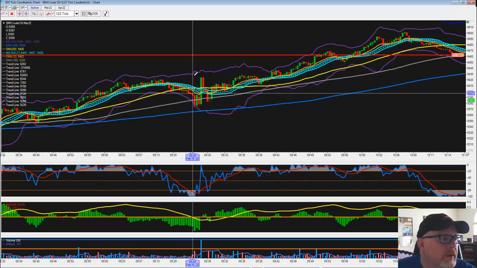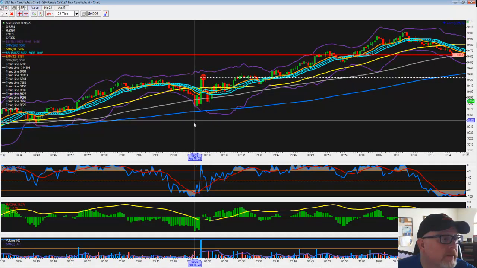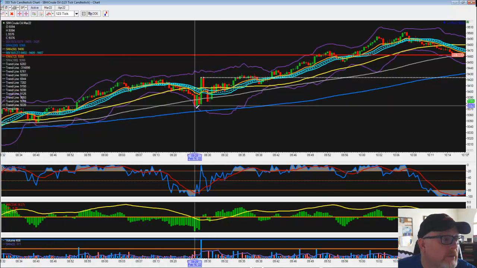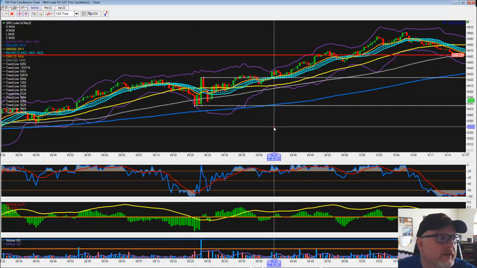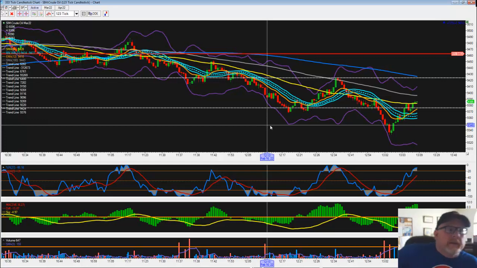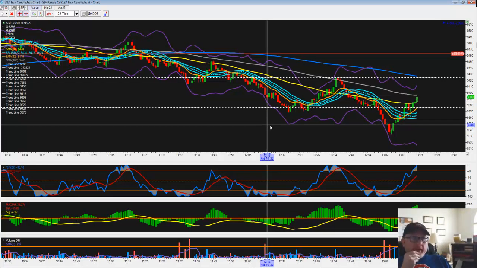If we put the trend line on here, this will give us a good indication of where the market found value earlier in the session. And you can see that's where we're trading right now, right on the pivot point. We were right on the inventory number.